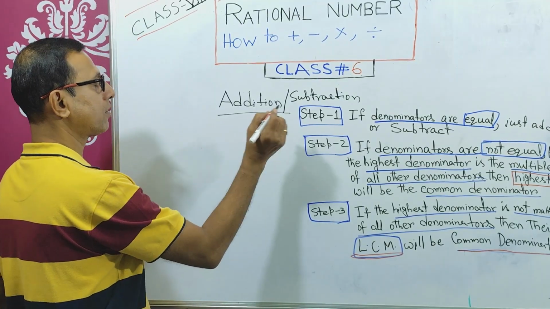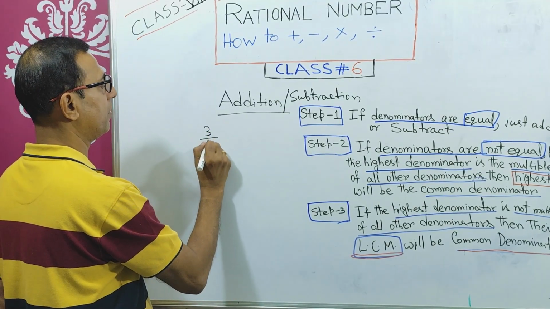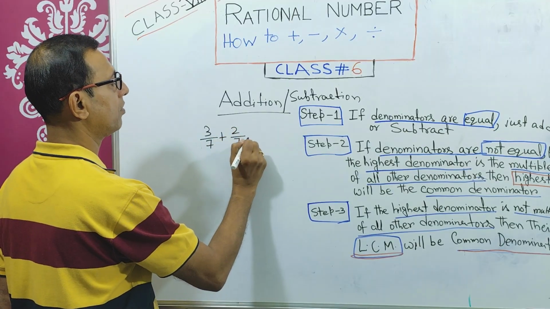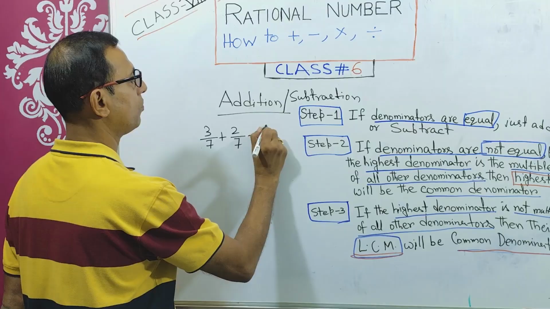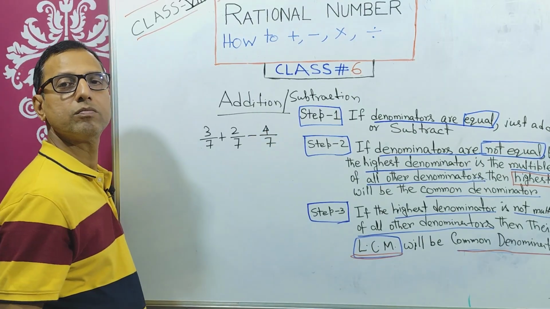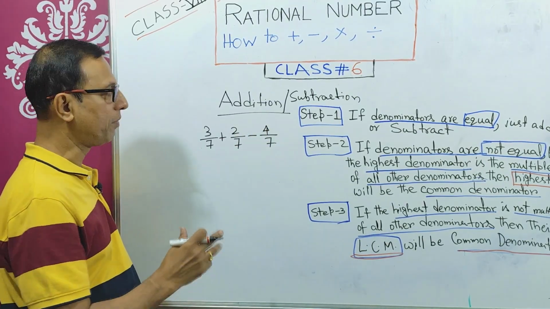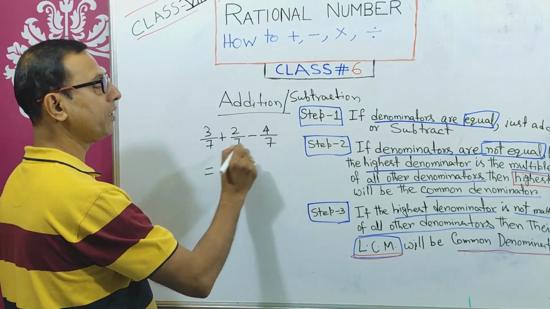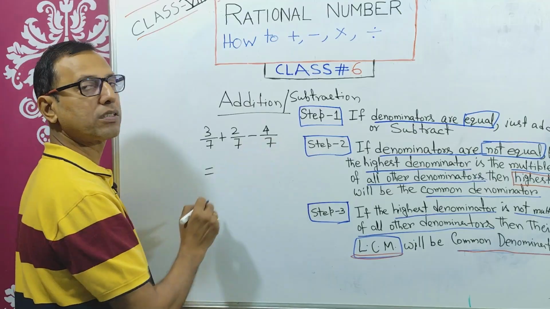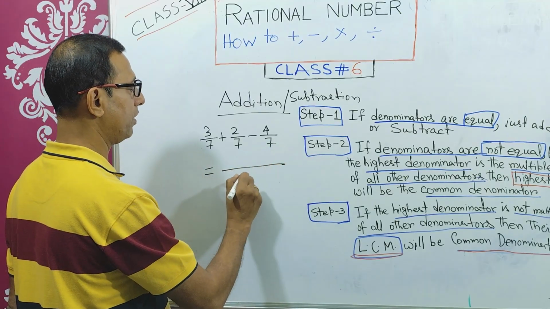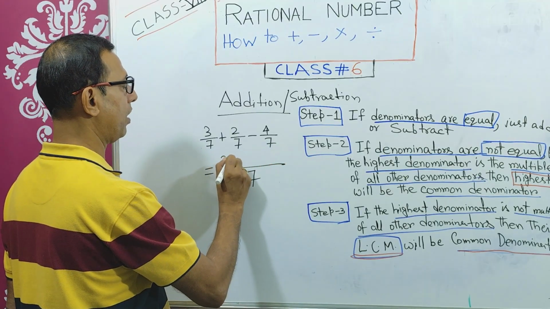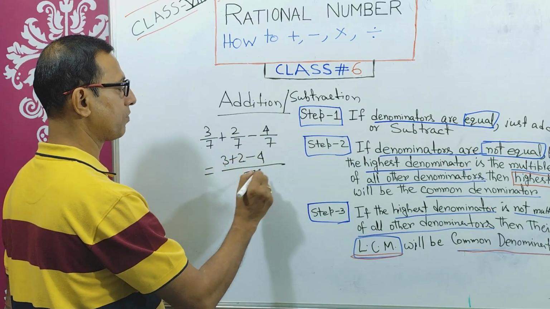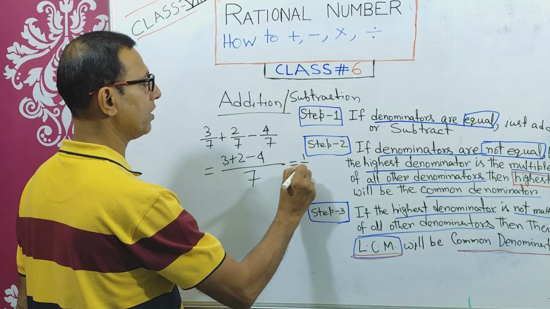Okay, let's say 3/7 plus 2/7 minus 4/7. As per the rule of simplification, first doing the addition. In all three cases the denominators are the same, so you don't need to do anything. 7, then 3 plus 2 minus 4: 3 plus 2 is 5, 5 minus 4 is 1, that means 1/7.